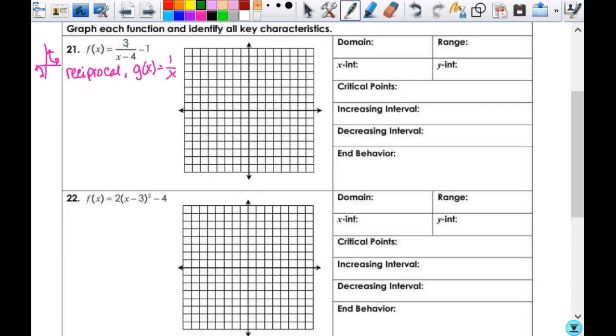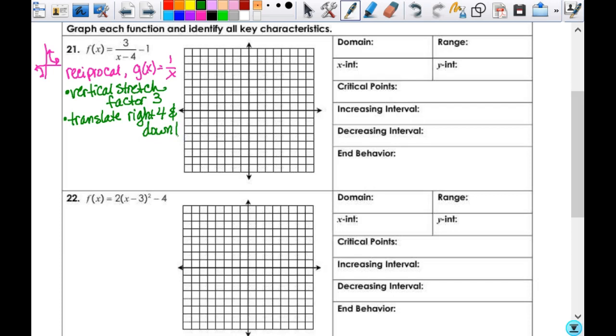So this is going to be a vertical stretch, and the factor is 3. And then I'm going to translate to the right 4 and down 1. All right.